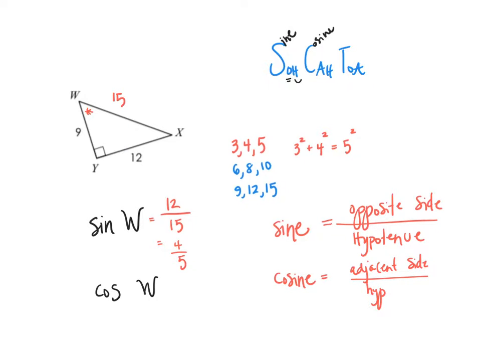So what is going to be the cosine of W? Well, we're looking at the adjacent side. So in this case, that adjacent side is 9 over the hypotenuse, which is 15. And that's going to reduce to 3/5. I'm just going to separate this a little bit so you can tell.